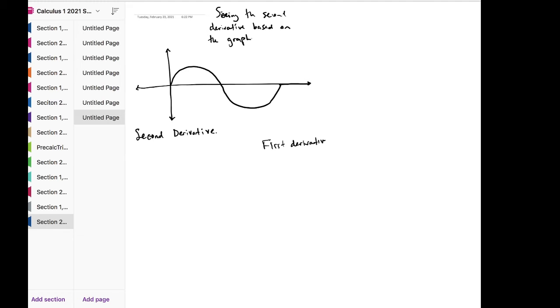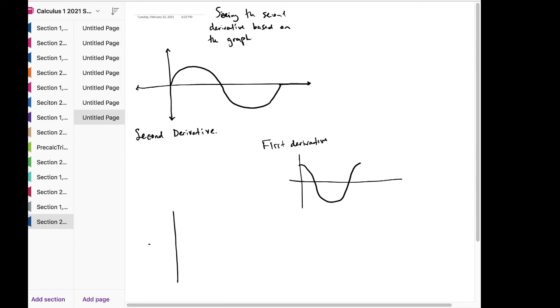So in our sketch, it looked something like this. And let's see how we can understand this based on the original graph. So, how is the first derivative changing? Well, notice that to the left of this line, is the derivative positive or negative?